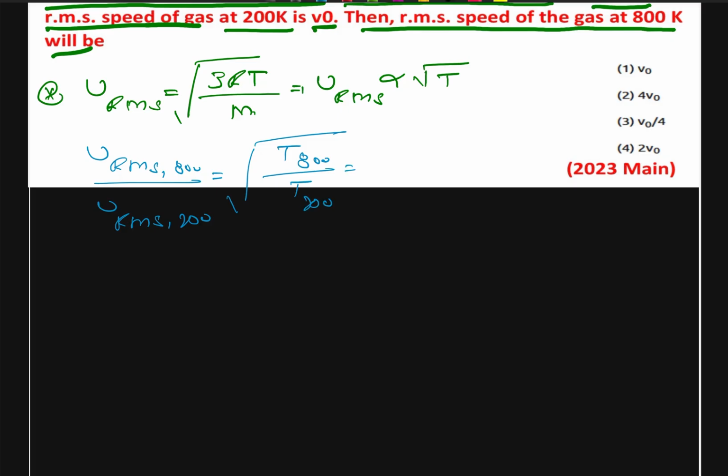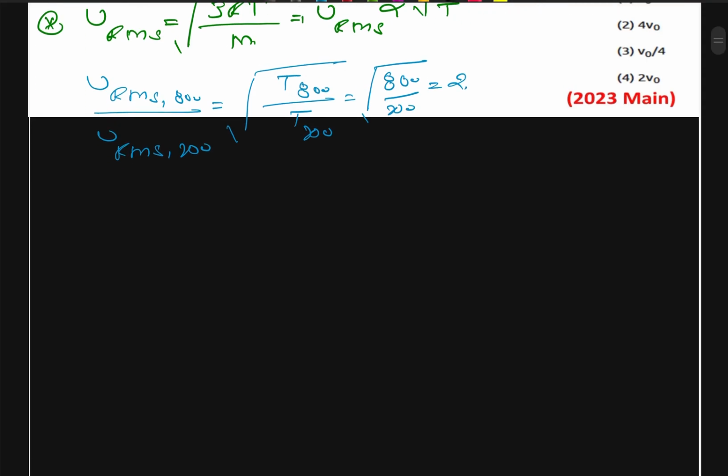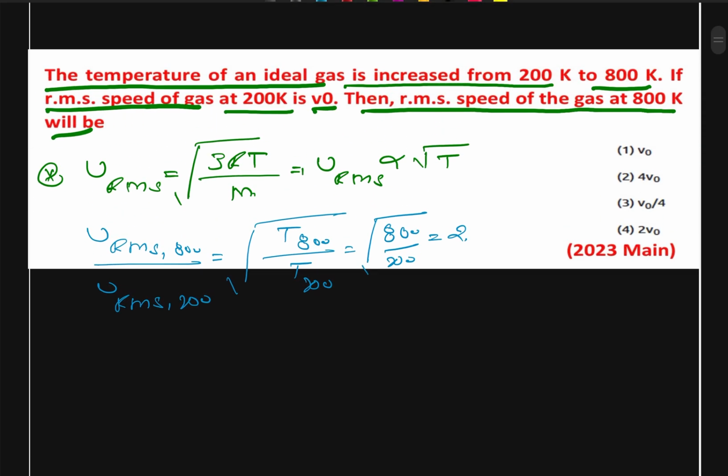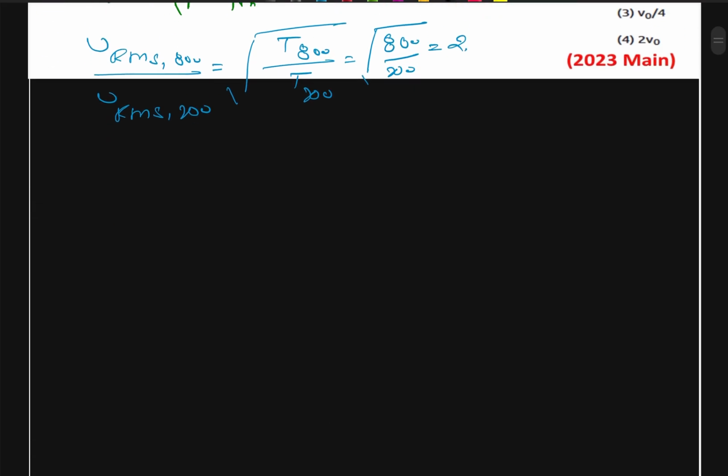So this becomes basically square root of 800 divided by 200, and is equal to 2. And we are given that at 200 the velocity is v naught. Therefore, we can say that our v.r.m.s at 800 will be equal to 2 times v.r.m.s at 200.